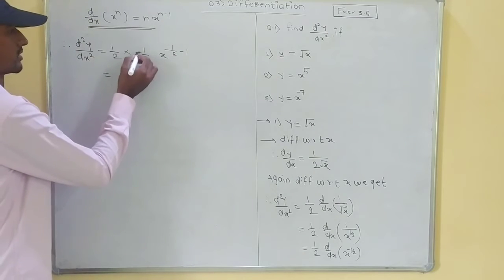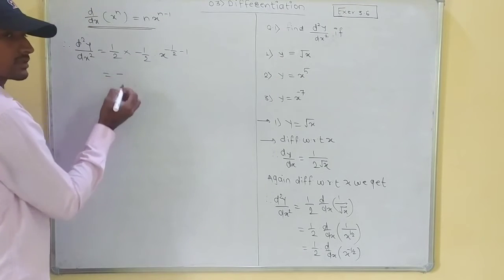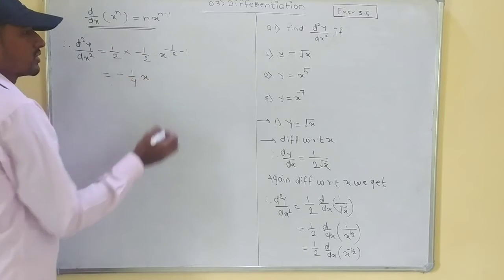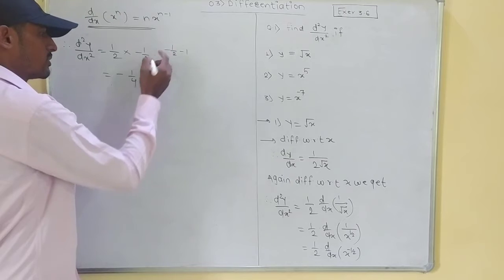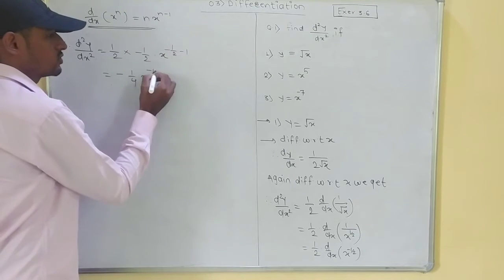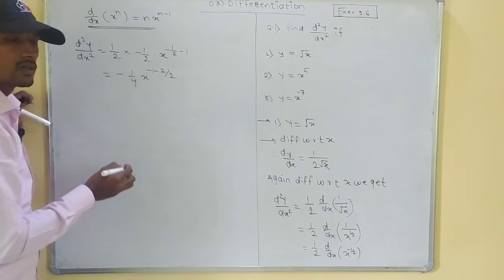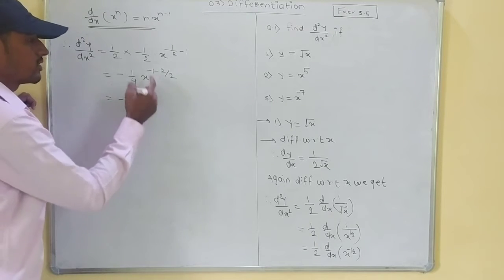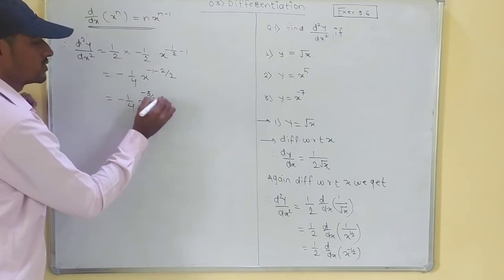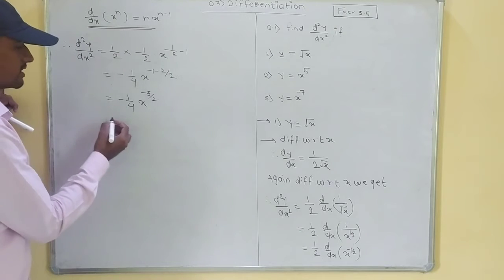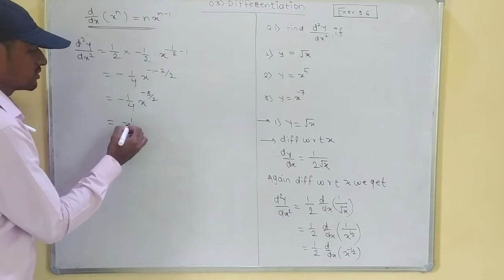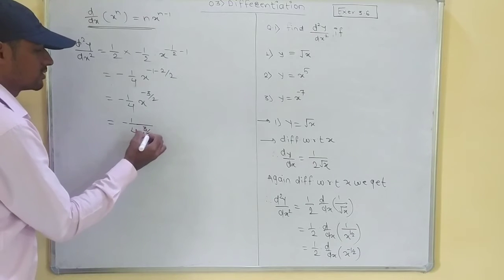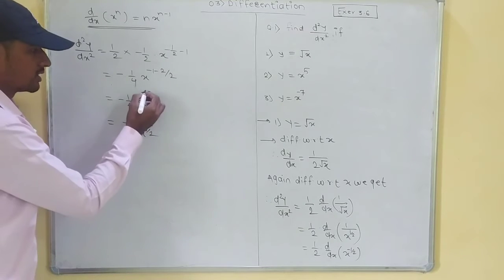N means minus 1 half and minus 1 by 2. So this will become, plus minus becomes minus, 1 upon 4 x to the power minus 1 and minus 2 upon 2. So this is equal to minus 1 by 4 x to the power minus 3 upon 2, and this can be written as minus 1 by 4 x raised to plus 3 by 2.